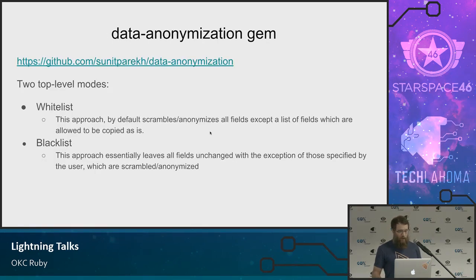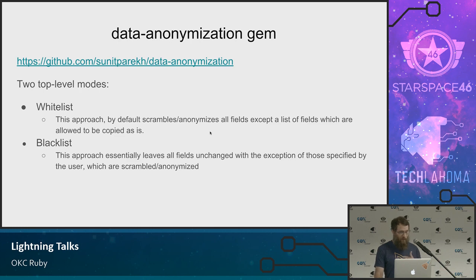So I found this pretty nice library or gem. It's data-anonymization. It has two top-level modes, a whitelist mode and a blacklist mode. In whitelist, by default, it's going to anonymize or randomize every bit of data in your database, or in the tables or collections that you point it to.